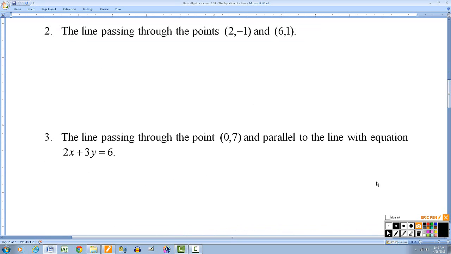the line with equation 2x plus 3y is equal to 6. Okay, well let's find the slope of this line here. The slope of this line, based on what we did last time, and what I pointed out today, is negative 2/3.